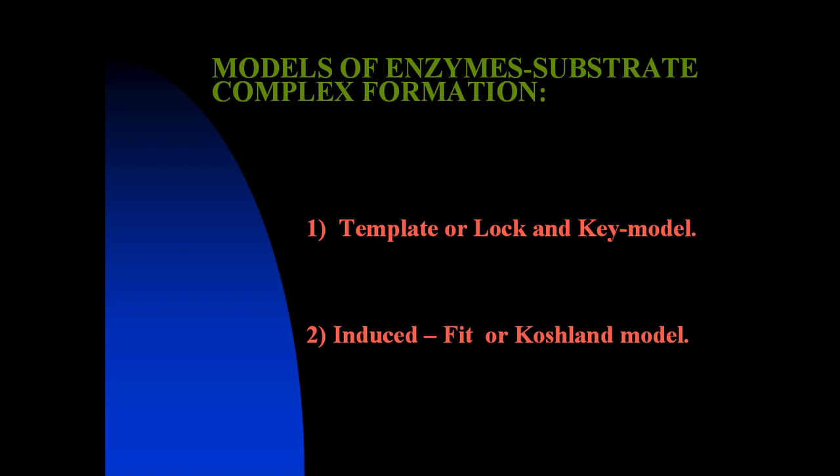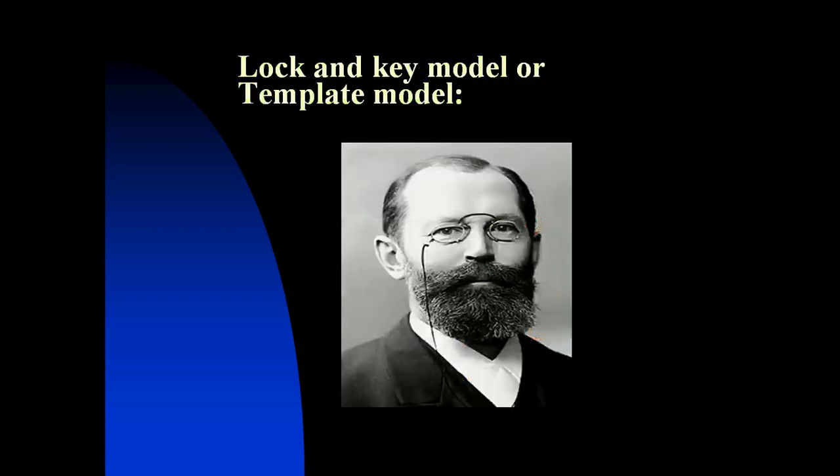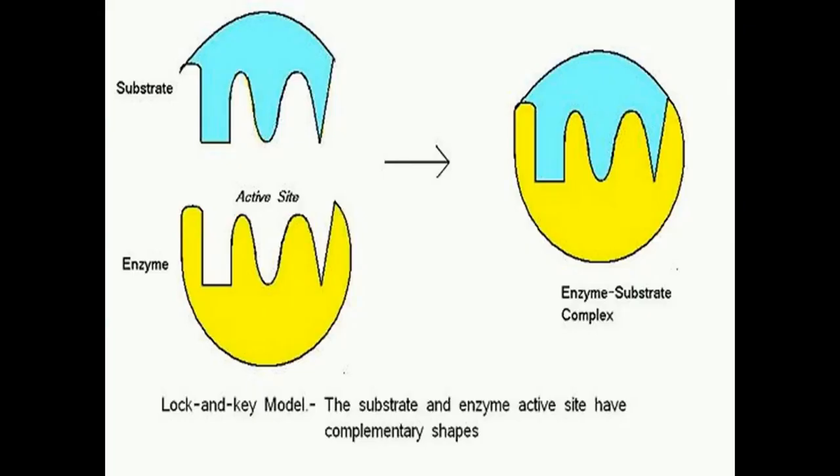Number one, the template or lock and key model, proposed by Fischer, states that the active site already exists in a proper conformation even in the absence of the substrate. Thus, the active site by itself provides a rigid pre-shaped template fitting with the size and shape of the substrate molecule.